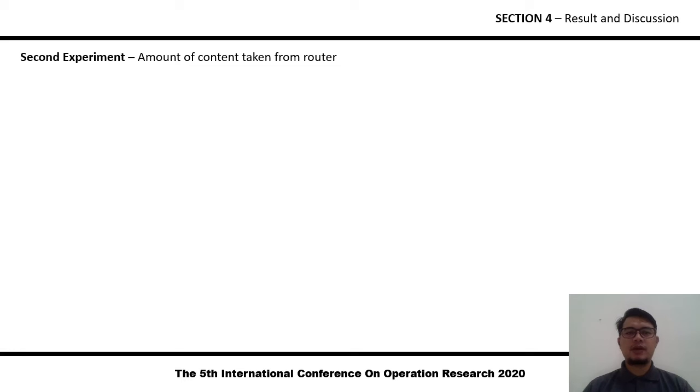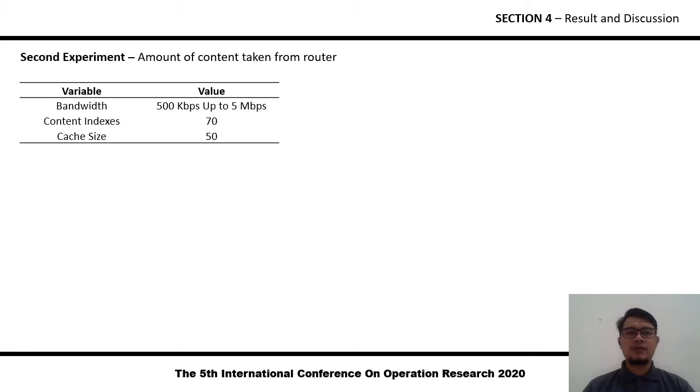Second experiment, amount of content taken from the router. If you remember, in the first experiment, LRU and LFU mostly had a similar time needed to download the content at cache size 50.